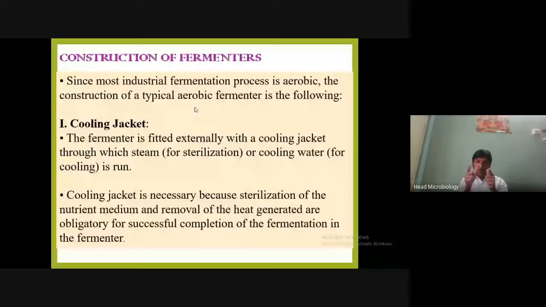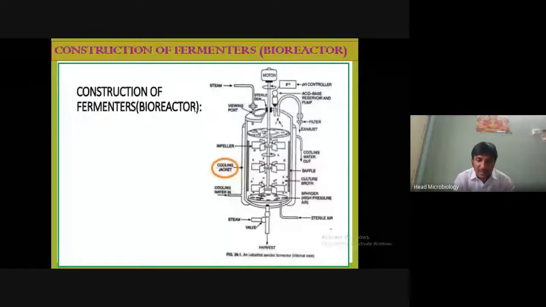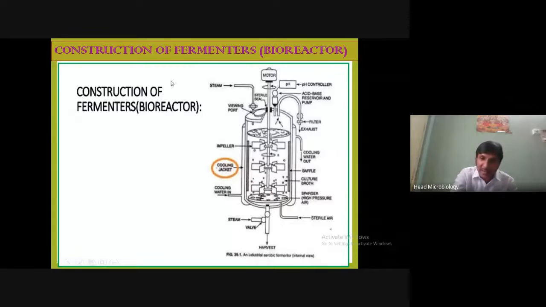Fermentation is a metabolic process in which various enzymes are involved, converting substrate to product. The fermenter is the device. When we are ready to start construction of our fermenter or bioreactor, we begin with the cooling jacket.